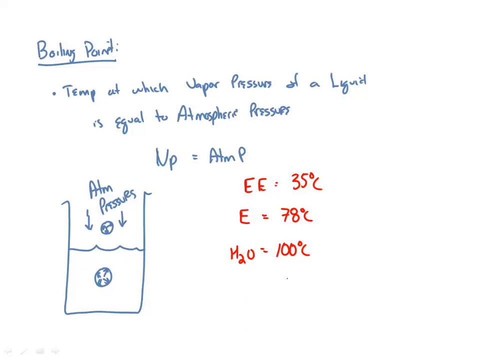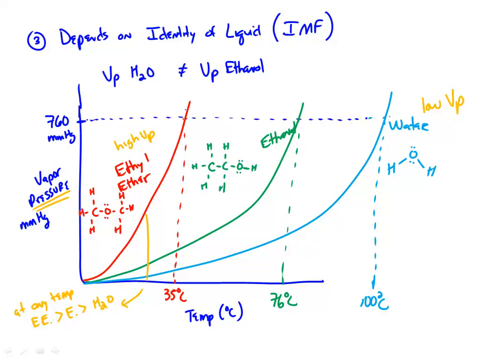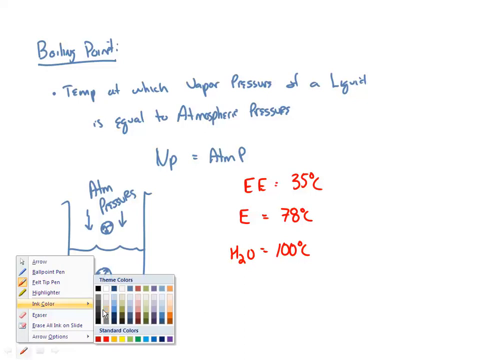So if you look back in your notes, what I want you to note is where these lines cross 760, I drew a dotted line down and wrote the temperature. So the vapor pressure, that's the red line, matches the atmospheric pressure. That's what we mean by boiling point.